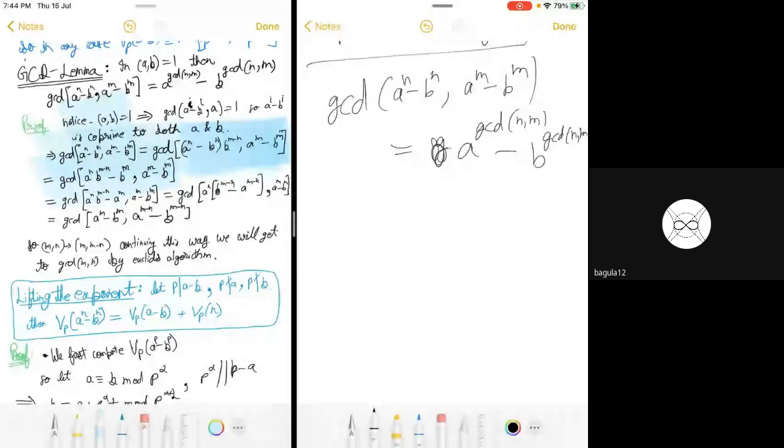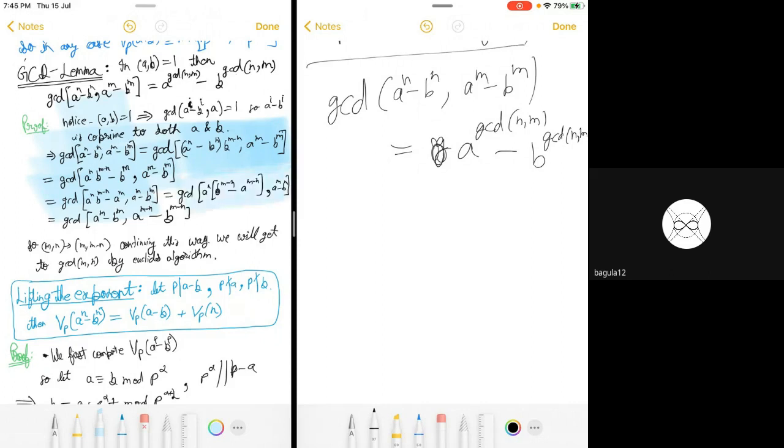Then you can subtract these and factor, and this becomes that, and then you can factor out A to the n. So this becomes the GCD of A to the n into this.